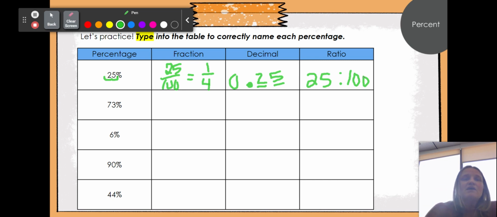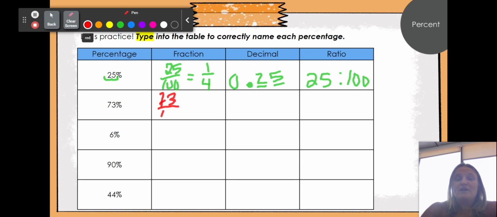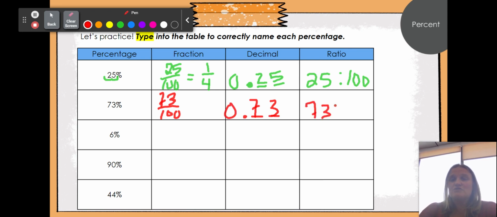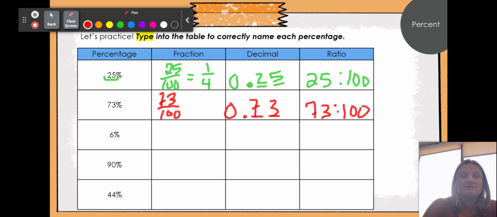Okay, let's try our next one. 73%. I have 73 out of 100. That cannot be simplified. I know that hundredths has 2 spots after the decimal, so I'm going to write it as 73 hundredths with my 0 placeholder, and my ratio would be 73 to 100. Okay, so I would like for you to try 6%.